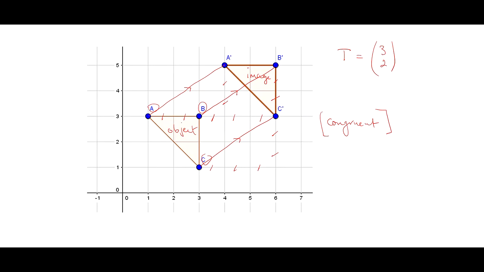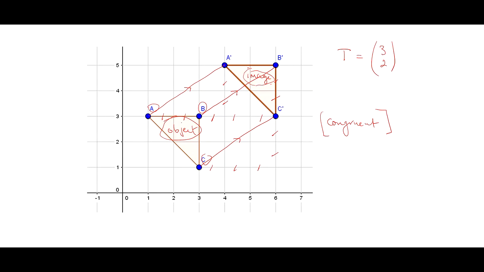Because we know that we have a triangle here, the object, and we are moving to this new position, which becomes the image, using a translation given by this column vector, 3, 2.